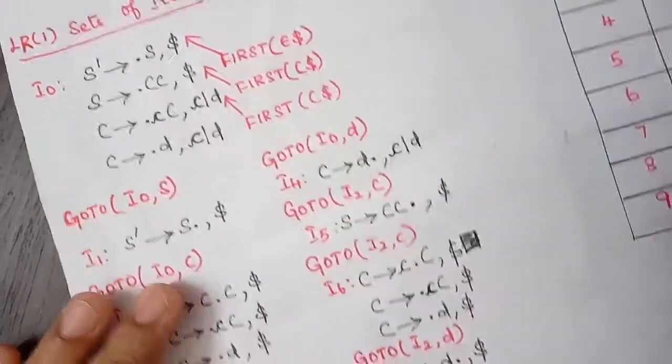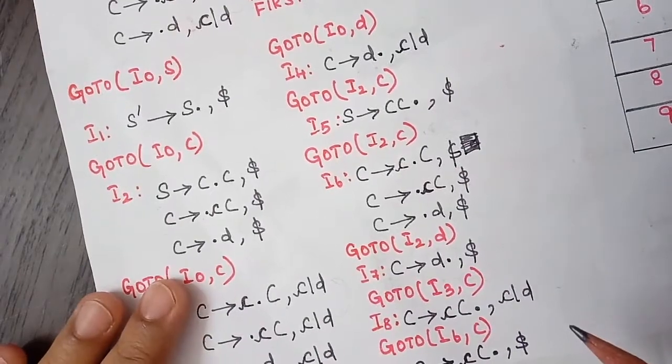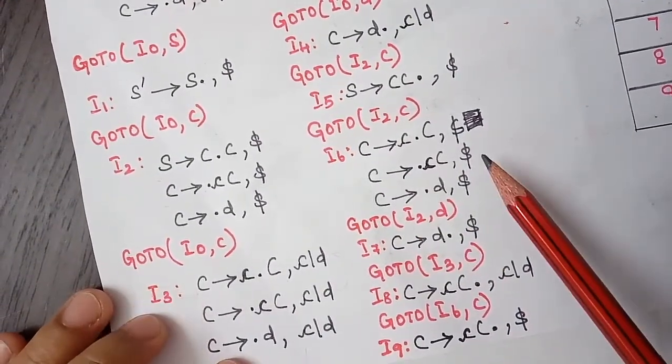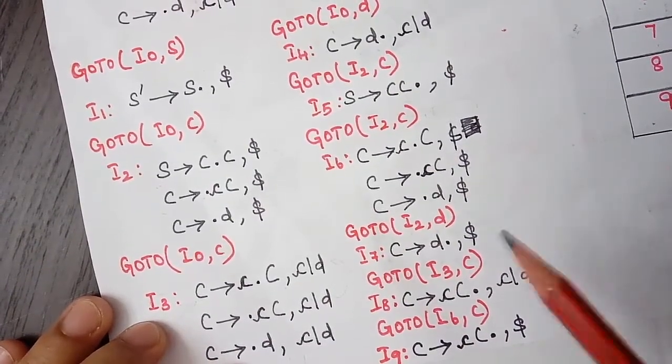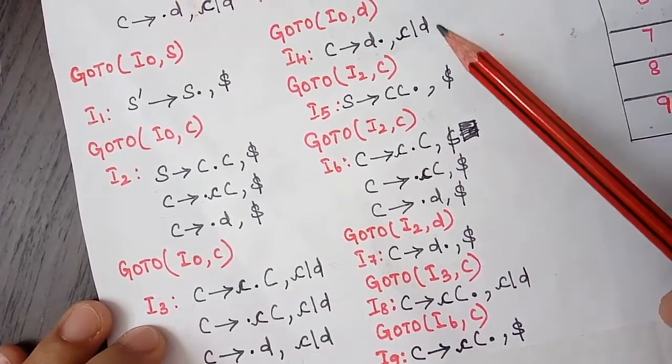Then coming to I5, there are no repetitions in I5. Coming to I6, it is already combined with I3, so there is no need to take it again. Coming to I7, it is also already combined with I4.